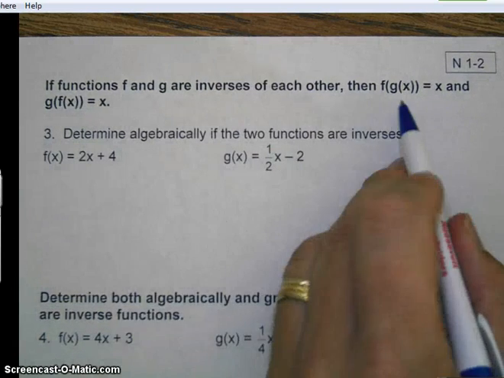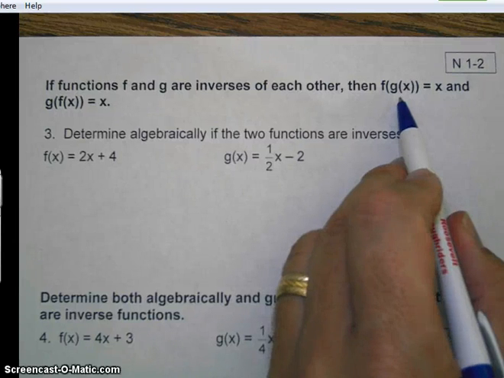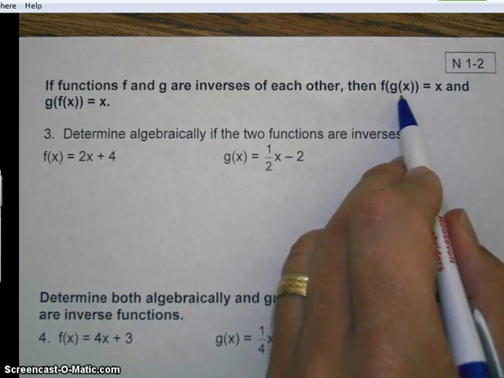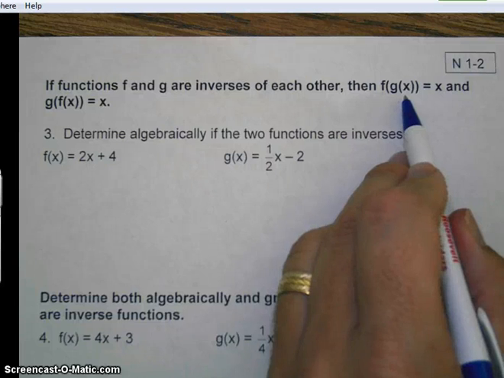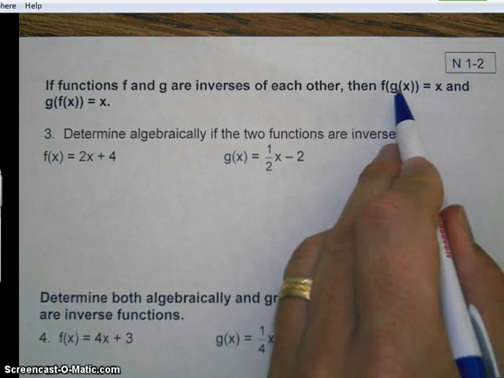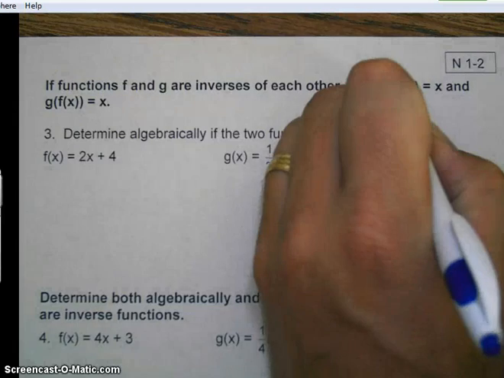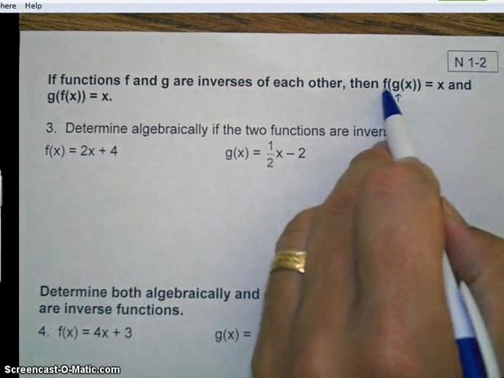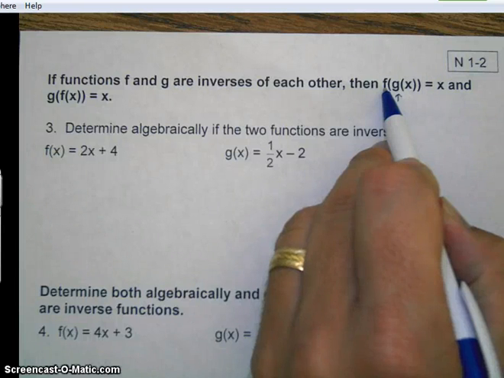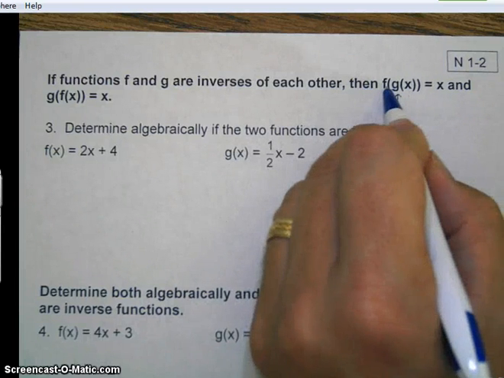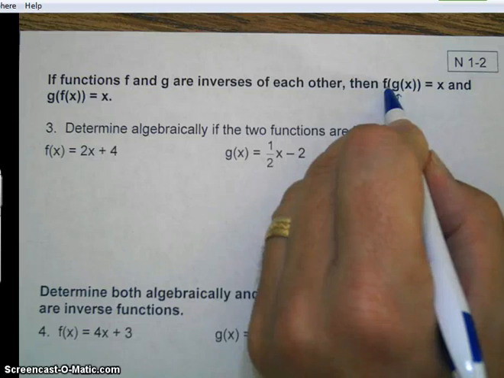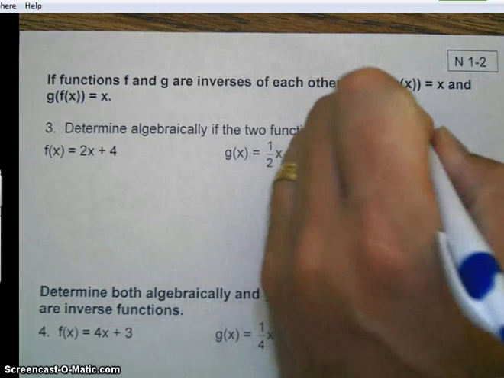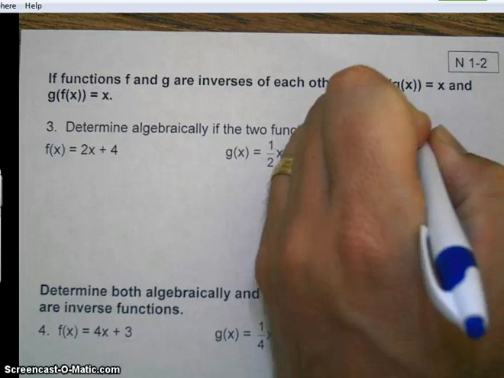This is a composition of functions. To do a composition of functions, you take one function, in this case g, and you plug it into function f, where you see an x.